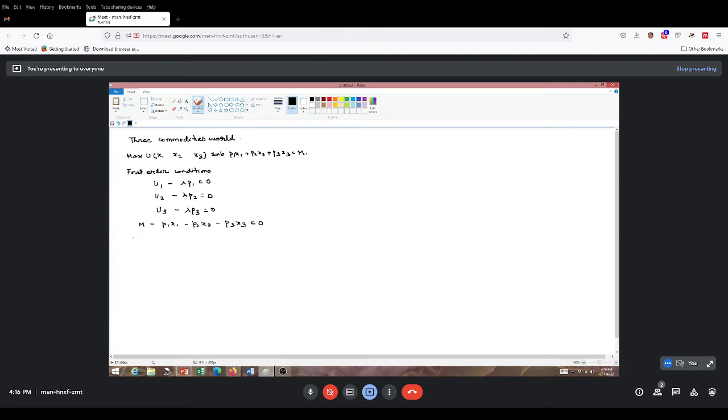So these are the first order conditions. The second order condition, which is given by the bordered Hessian, H3, will be negative. Now what we are going to do is assume that P1 changes.